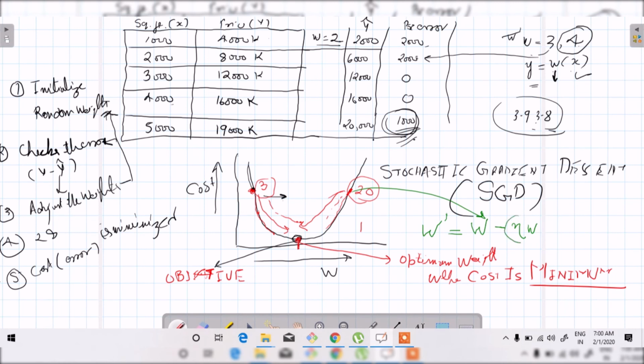So this is the factor by which the weight should be reduced. I will explain it in some other video. So this is basically how the gradient descent algorithm works.